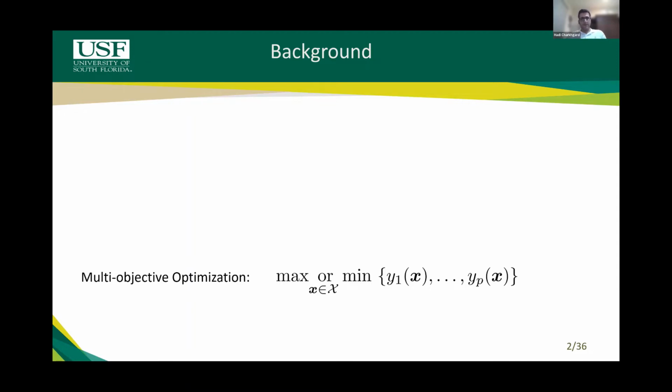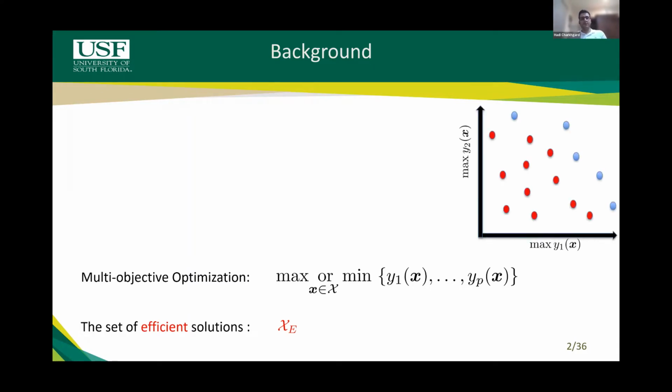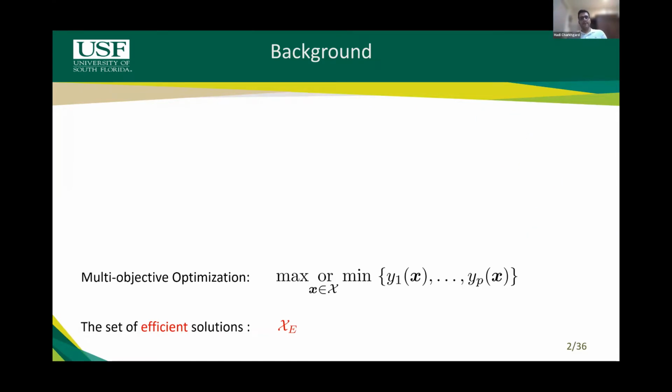We are interested in finding the set of efficient solutions of this problem, denoted by X_E here. These are the solutions for which it is impossible to improve the value of one objective function without making the value of at least one other objective worse.